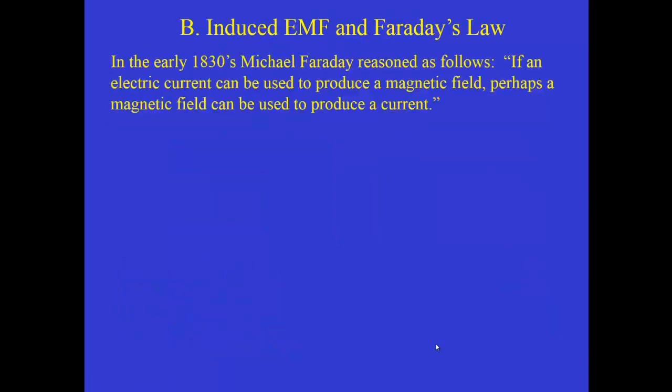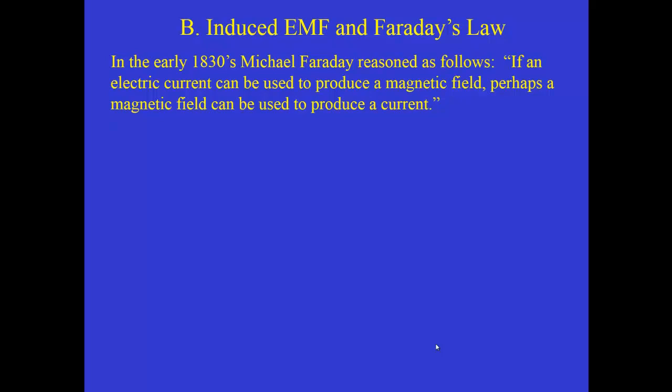Now, historically, here's what happened in 1819 and 1820. That's when Ørsted, and then later followed by Ampere and Biot and Savart, developed the relationship between electric current and magnetic field. Basically the idea was that an electric current produces a magnetic field, and Ørsted was the one who discovered this through the deflection of a compass needle.